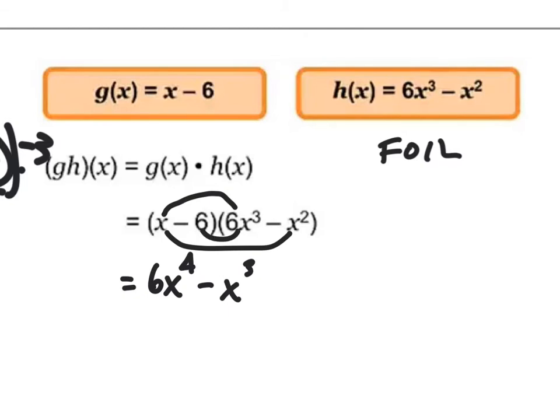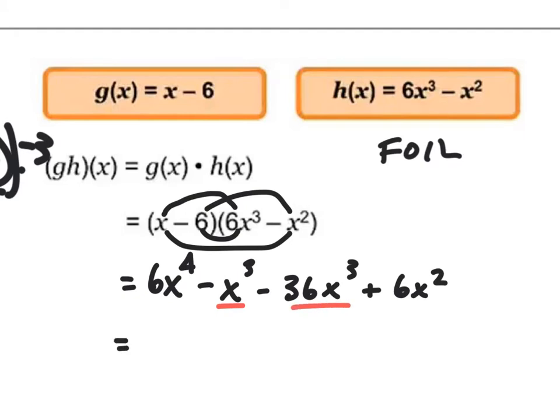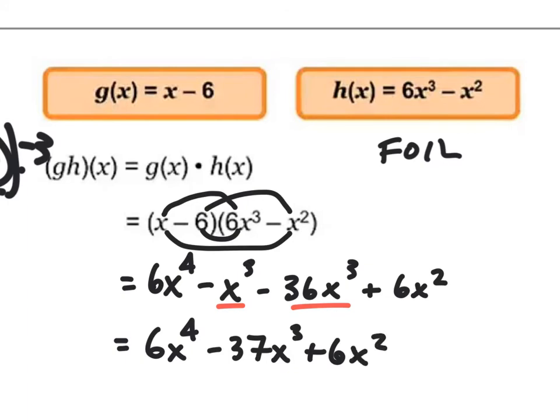Negative 6 times 6x cubed gives us minus 36x cubed. And then our last, negative 6 times negative x squared, gives us positive 6x squared. Now we can combine like terms in the middle because they both have an x cubed, and we get 6x to the 4th minus 37x cubed plus 6x squared.